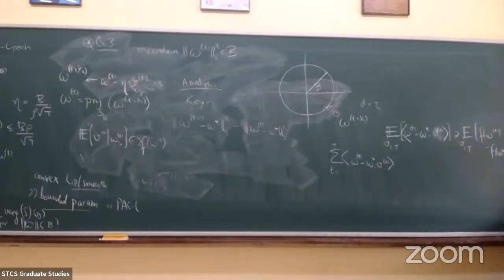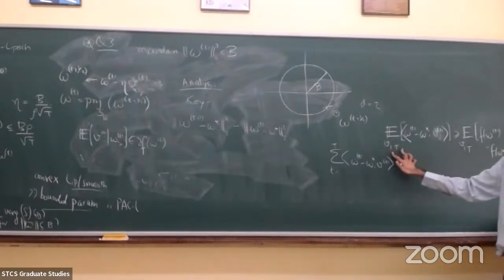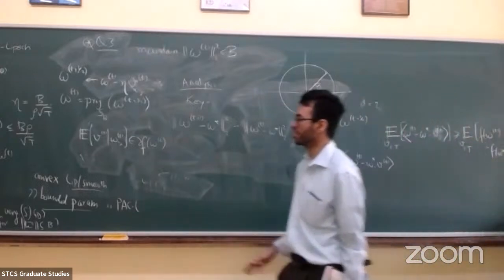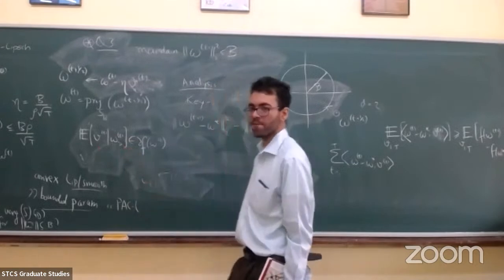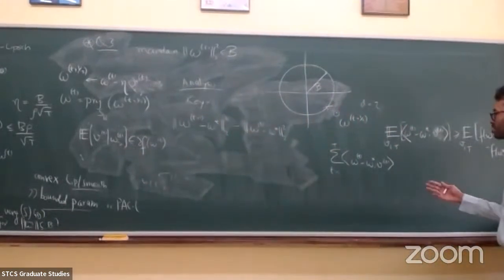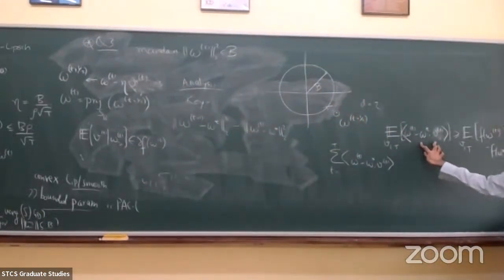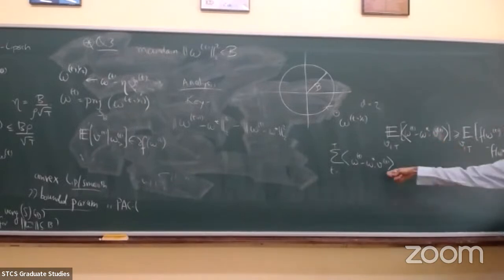Remember that I sample Vt at every step, from some distribution which has this property. So the average of this inner product was always at least the difference between f of WT and f of W star.